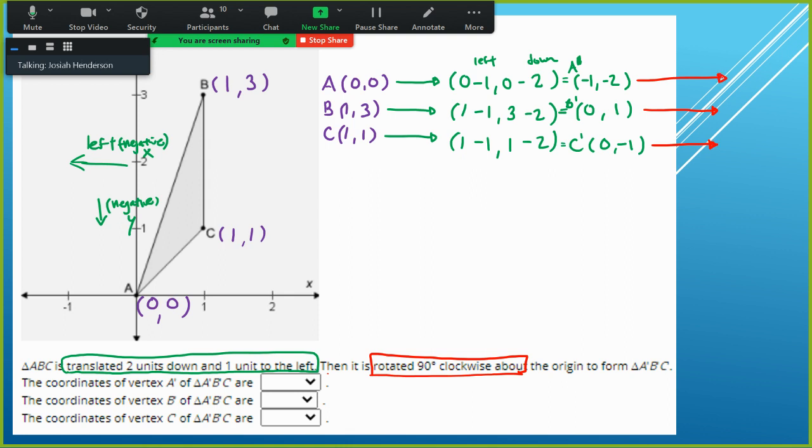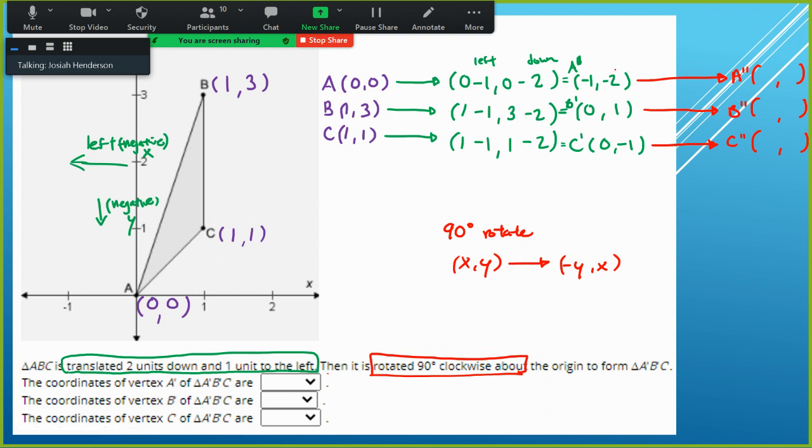And then finally, what we get for red, for the final A, the final B, and the final C, these will be our answers. Okay, the 90-degree rotation rule from our notes is what? Just as a note here, 90 degrees rotate means all x, y's turn into negative y, x.